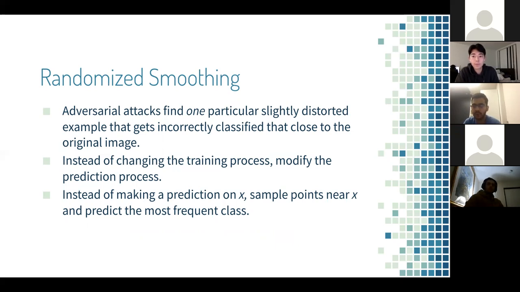So what I can do to avoid this problem is, when the user sends me an input to predict on, I can sample images next to that point, make a prediction on each one of those points, and finally return whatever class was most frequently observed, right?